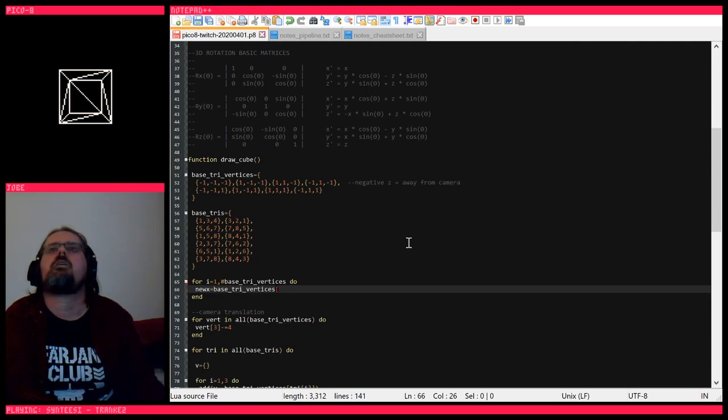No, wait, we're rotating around the y-axis, so it needs to be that times cosine theta.